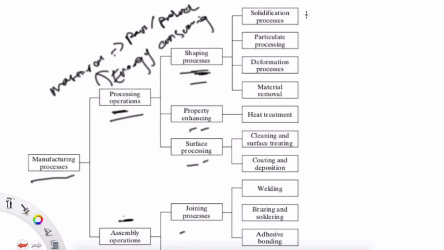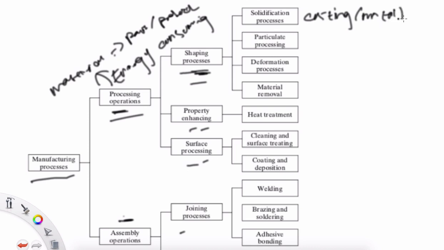Okay, we will start from solidification process. What is that? The solidification process is a very important process in this category, and most of it is casting for metal, right?